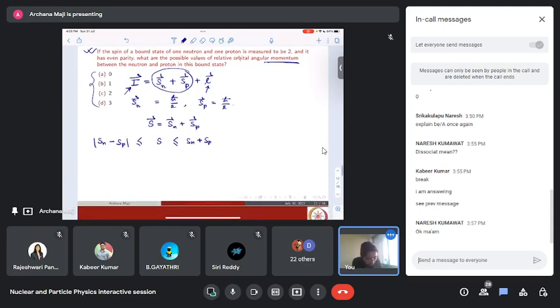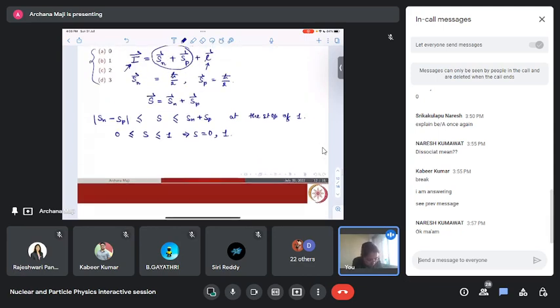So we will not consider h cross. So S lies between 0 and 1. So S can take values 0 and 1, in steps of 1.